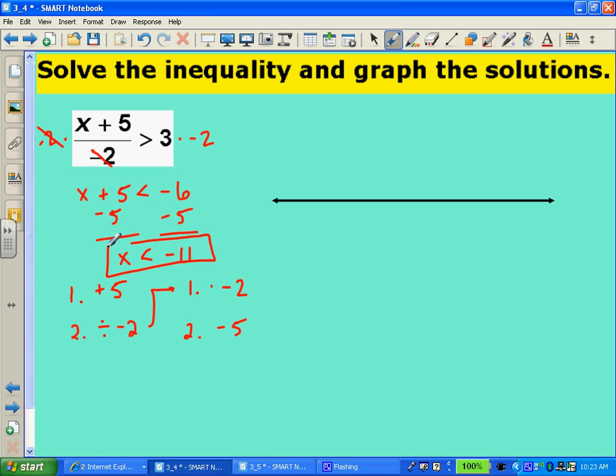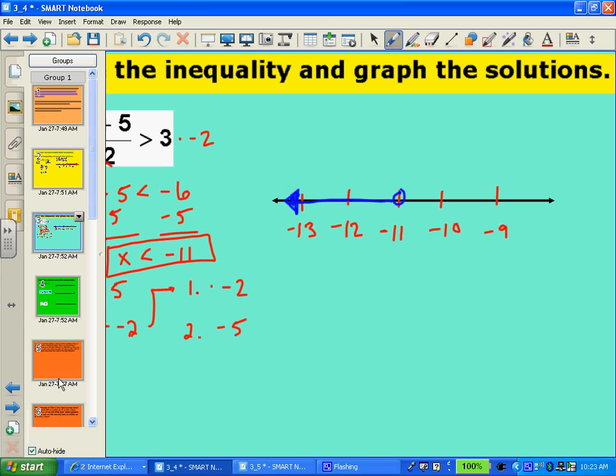So my solution here, x less than -11. So I'm going to put -11 on my number line. Put the numbers on each side of it. This is less than, so I have an open circle, and it goes to the left. Okay? So those are two-step inequalities.